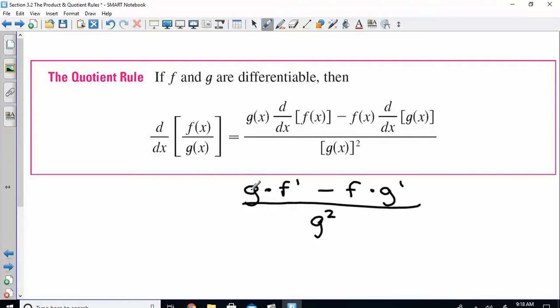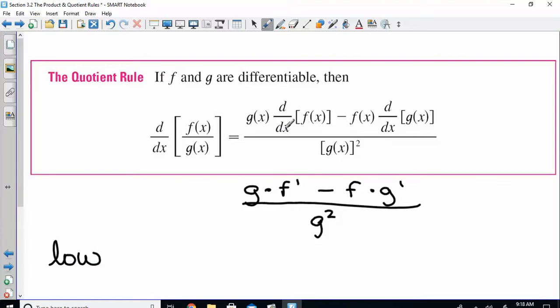Okay, f is the numerator, g is the denominator. So it's the bottom times the derivative of the top minus top times the derivative of the bottom over the bottom squared. Unlike product rule where you could flip the order, because this stuff is subtracted, order does really matter here.